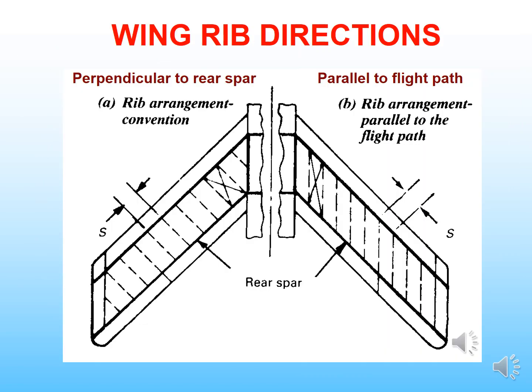Wing rib directions. The wing ribs are mainly arranged either perpendicular or parallel to the flight path. Or else we can say that the rib arranged in the perpendicular sections is the conventional manner. When arranged in the parallel way, the rib arrangement is non-conventional, but over the years of evolution, this will take place.